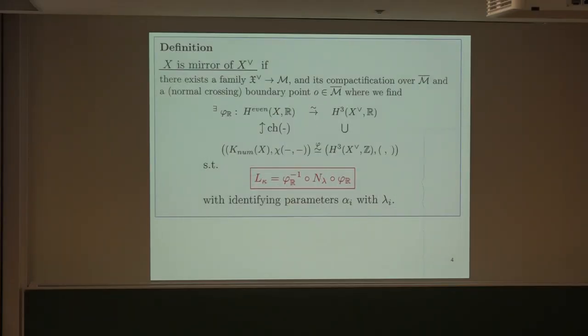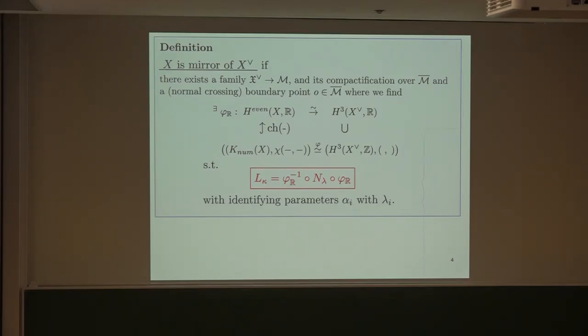And then, as I introduced last time, I already said that there are many versions of mirror symmetry. One very primitive or classical way to define mirror symmetry is something like this.